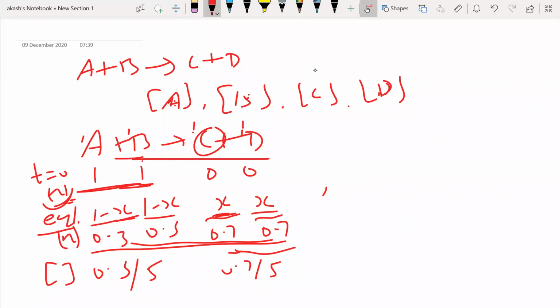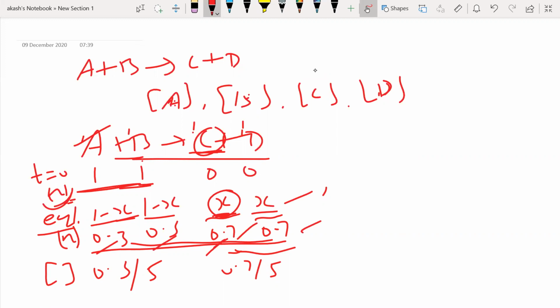Now, directly in the question, they say that the number of moles of C at equilibrium, that is this value, is given to be 0.7. We directly found out the x value now. So if this is x and this is also x, it is 0.7 for C and D. And for A and B, it is going to be 1 minus x, and we just found out x to be 0.7, so 1 minus 0.7 will become 0.3 and 0.3.